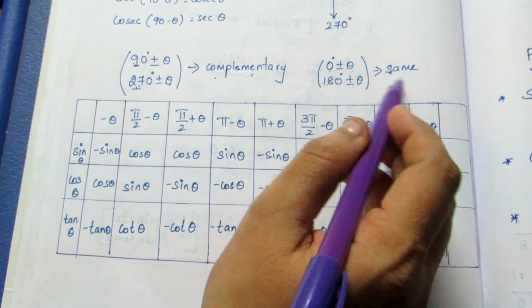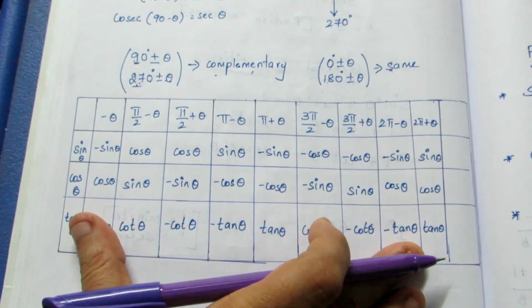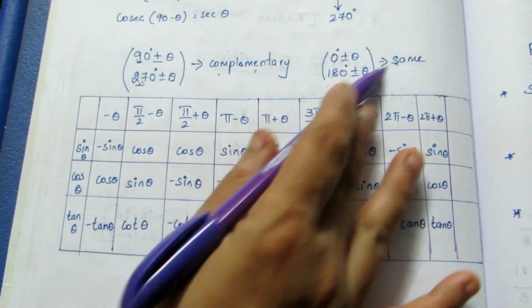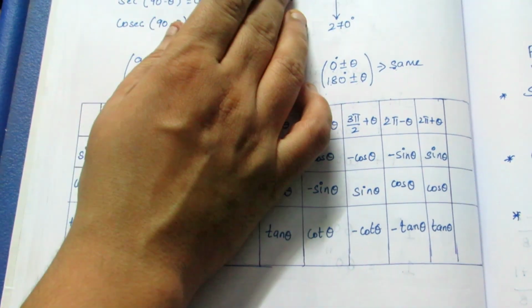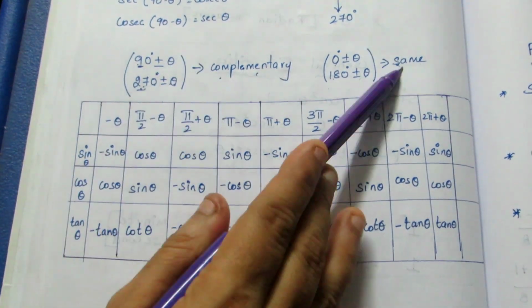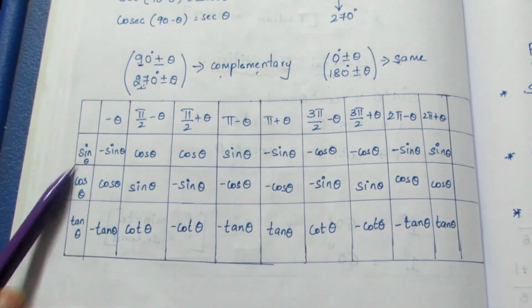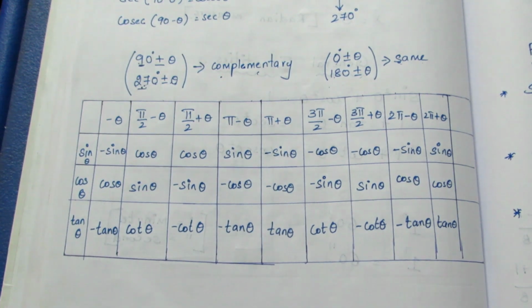So just remember in this way, it will be easy for you to understand. And for this, it depends on the sign of the quadrant and the complementary and the same. So this table, no need to mug it up. If you know this, we can easily mark this.